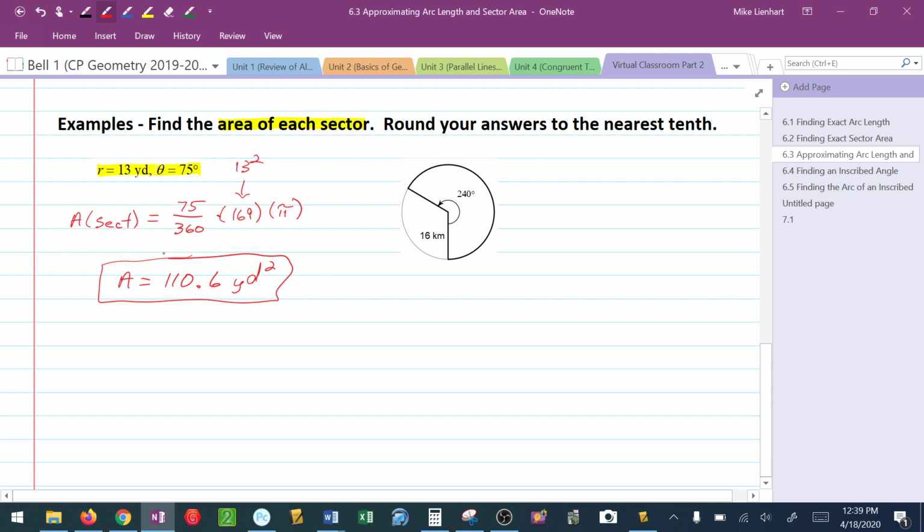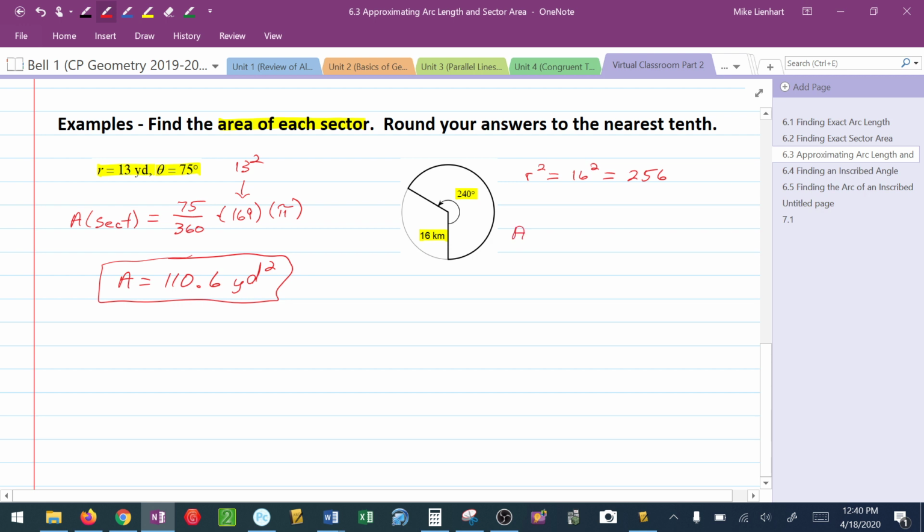All right, for the area of this one, I need theta, 240, and I need r, 16, and I've got to square that. So what is r squared? Well, that would be 16 squared, and hopefully you know that's 256. If not, I can use a calculator for that. But I figured out everything I was going to need before I went to the formula.